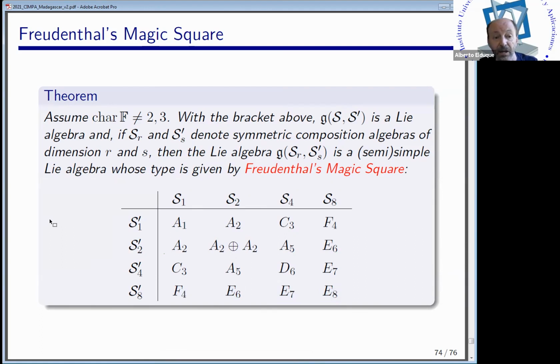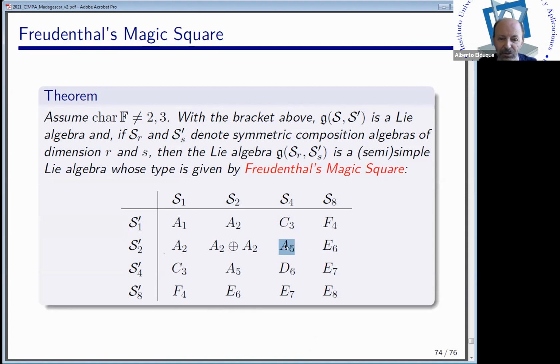Okay, I put characteristic different from 2 and 3. Characteristic 2 is different in this construction, and characteristic 3 works well with the exception of the second row and second column. For instance, here, in the split case, we don't get 0 trace matrices of size 6.